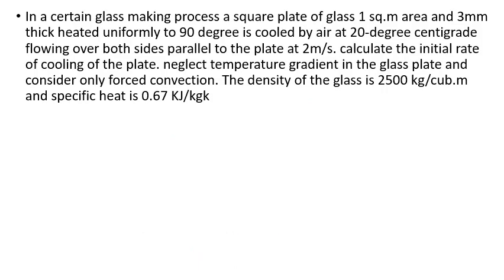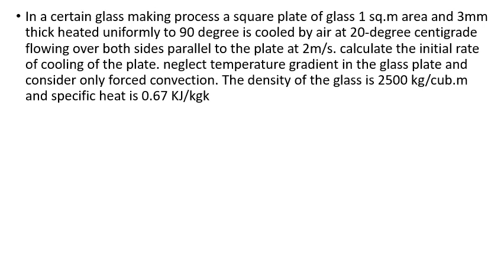Let us solve the next problem. In a certain glass making process, a square plate of glass 1 square meter area and 3 mm thick, heated uniformly to 90 degrees, is cooled by air at 20 degrees centigrade, flowing over both the sides parallel to the plate at 2 meter per second.